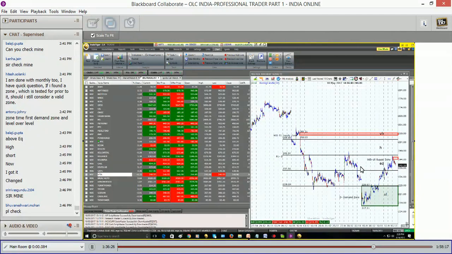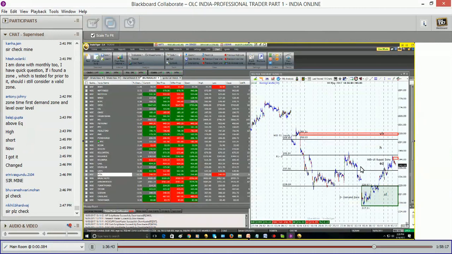Srinivasan coming. Okay. That is correct.